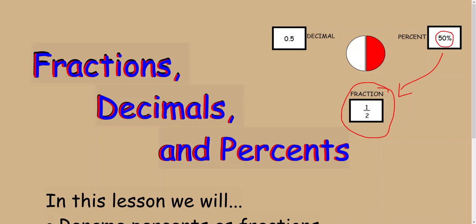And then also 5/10 is also half, because if you were to write this 5 out of 10, you can find the equivalent fraction to 100. All right, so 10 times 10 is 100.